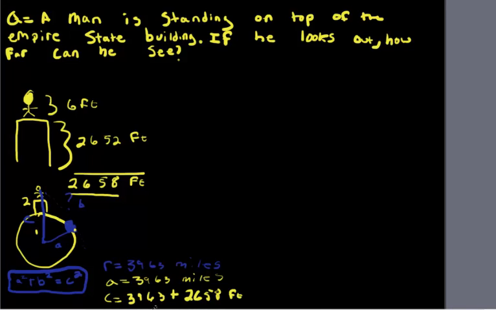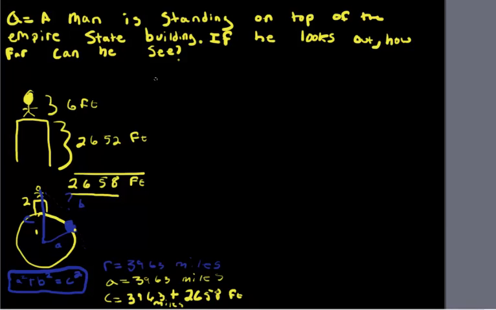Okay, so we're going to have 3,963 miles plus 2,658 feet is going to equal side C. But there is something fundamental that we need to remember about math. And that thing is that miles and feet are not the same, and you cannot add them together. So we need to convert either miles to feet or feet to miles.